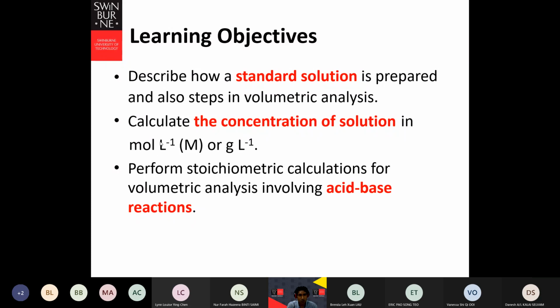That can be mole per liter, which we call molar or molarity, or gram per liter as well, and weight by volume percentage. We are coming to those later on. Afterwards, when we are preparing the standard solution and the concentration of the different solutions, we can find out the acid-base reactions.